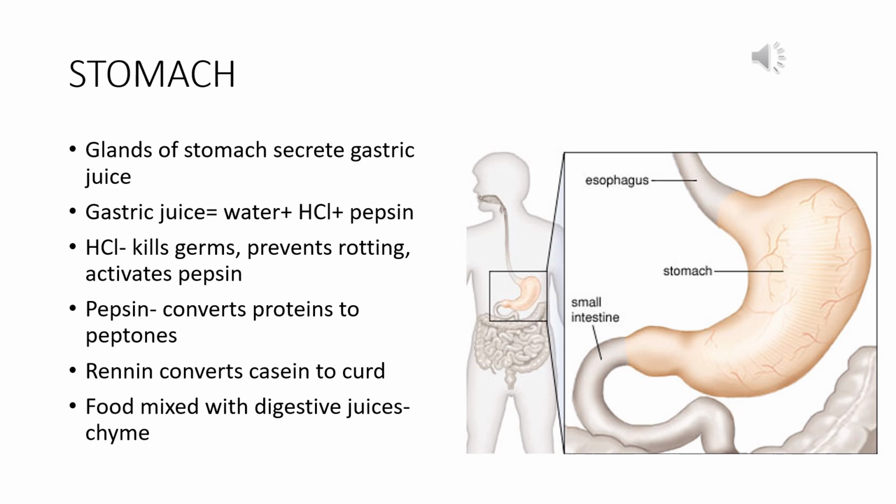The renin that is also present in the stomach converts the casein to curd, and food mixed with the digestive juices is called the chyme. So the chyme then traverses to the next part of the digestive system, which is the small intestine, and we will see about the small intestine in the next class.